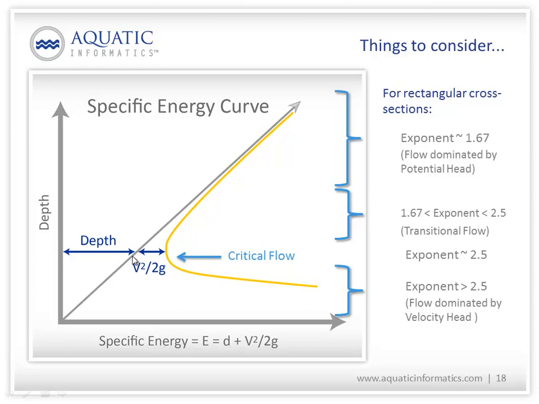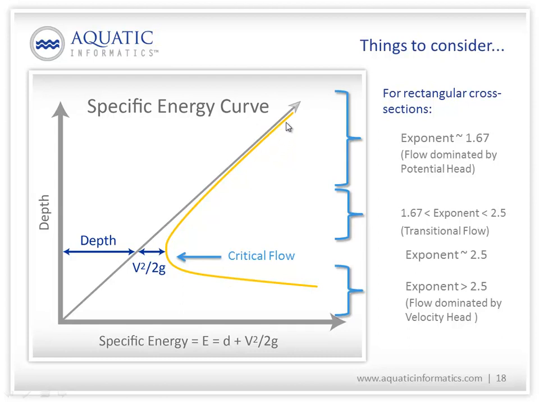So you can have streams that have the exact same amount of energy occurring at different depths. You can think of a tranquil setting where most of your energy is from potential energy, the depth component, and you can think of steep mountain streams where you've got a much lower depth for the same amount of energy, but a lot of kinetic energy.